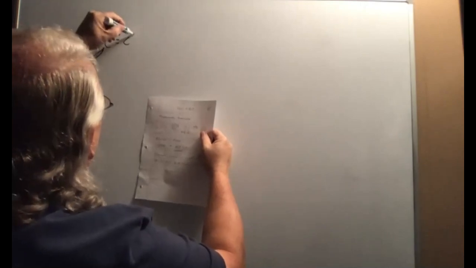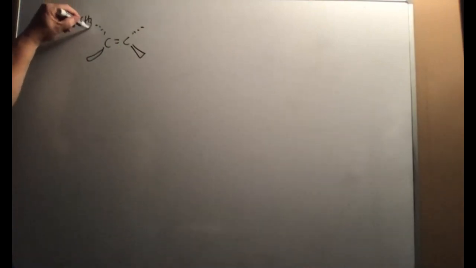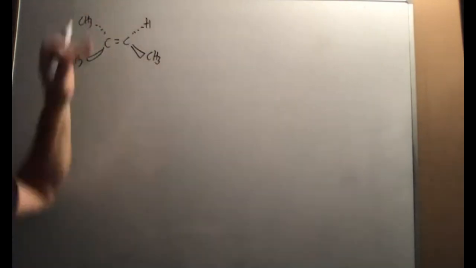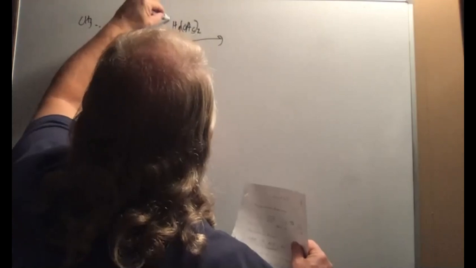If you look in your notes, whenever you developed your note cards from last semester, remember we chose to put CH3s here, CH3s here, a CH3 here, and an H here so that we could have different substitutions on the carbon. And the reagent that we chose here was mercury acetate in step 1.